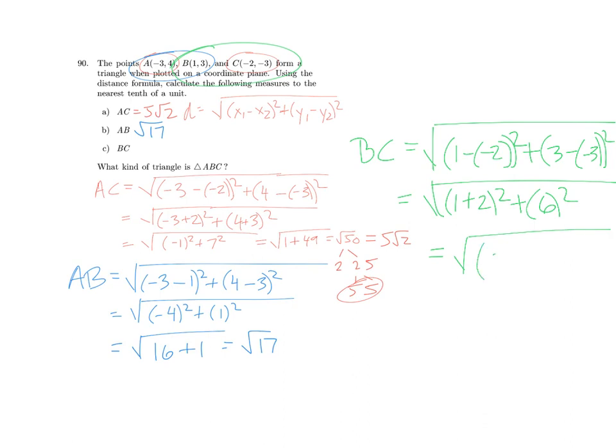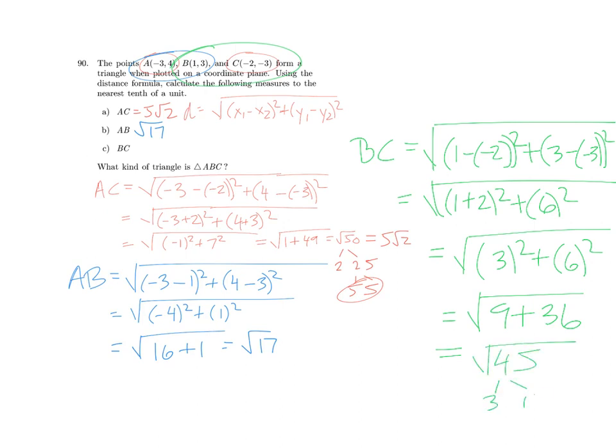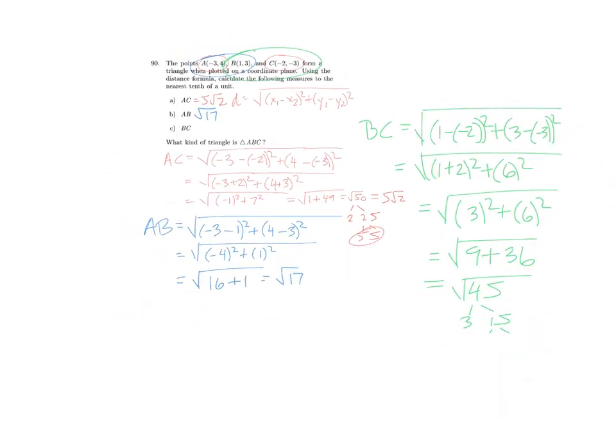And I have 3 squared plus 6 squared. So that gives me 9 plus 36, which gives me 45. Can I simplify that? 3 times 15, 3 times 5, yeah, I have a pair. So that gives me 3 square root of 5. What type of triangle is it? All the sides have different lengths, so it's going to be a scalene triangle. Done.